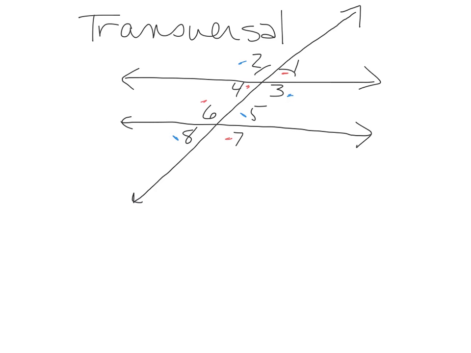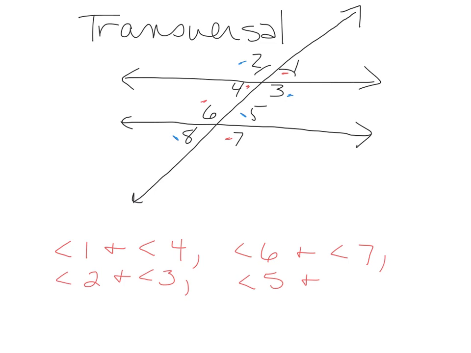So if I said list the vertical angles, I would say angle 1 and angle 4. I would say angle 2 and angle 3. I would say angle 6 and angle 7. And angle 5 and angle 8. They're these pairs that go with each other.